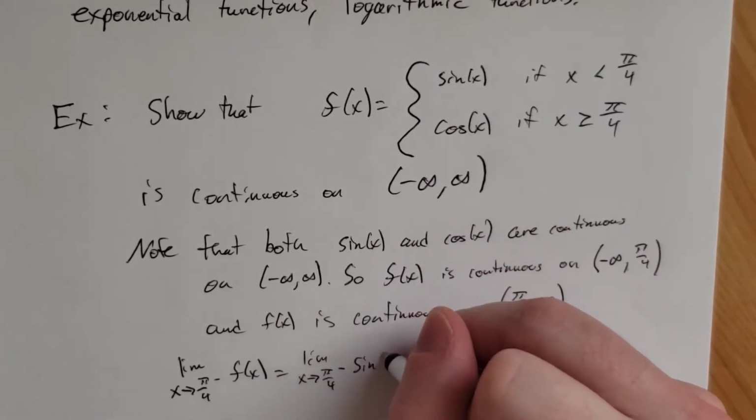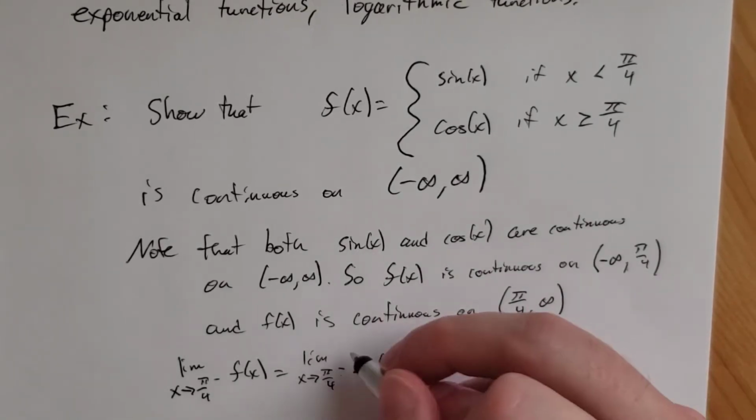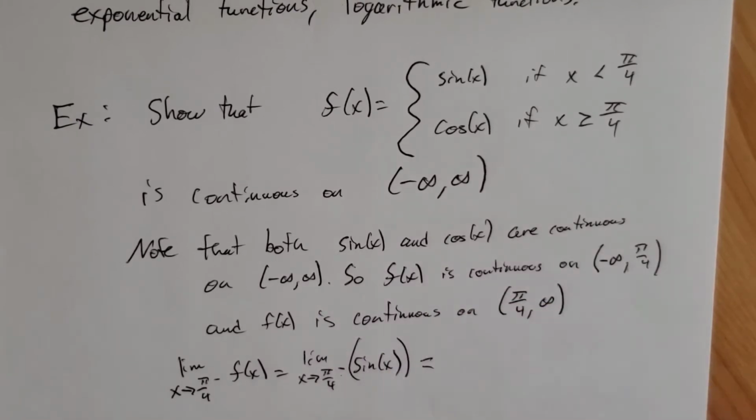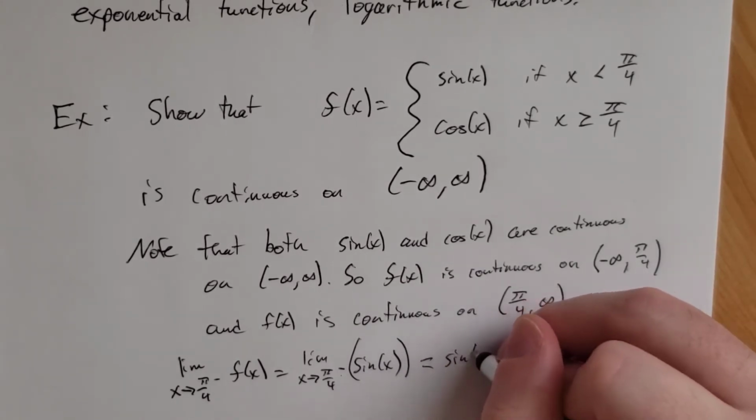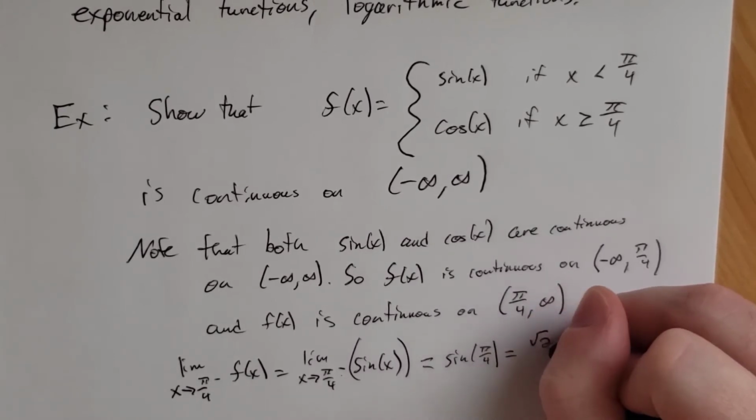So this is really just the limit as x approaches pi over 4 from the left of sine of x. Sine of x is a continuous function, so to find this limit, we can just plug in pi over 4. So this is sine of pi over 4, which is root 2 over 2.